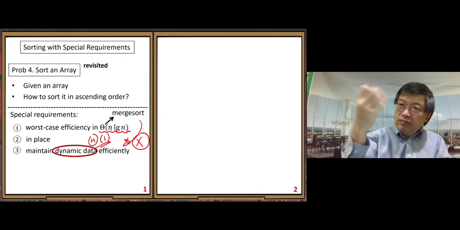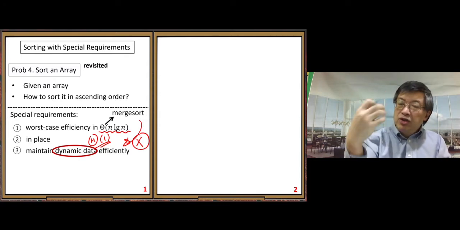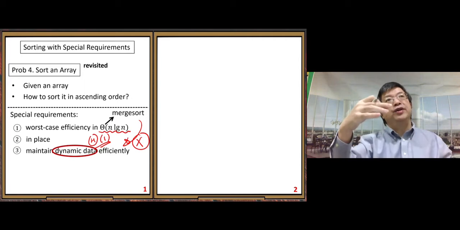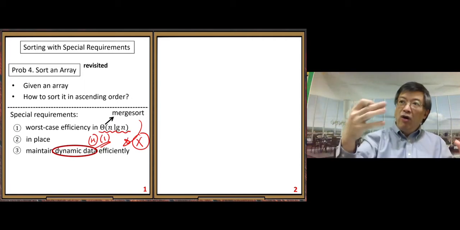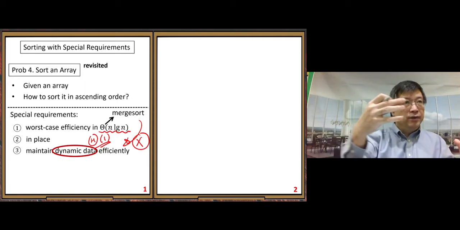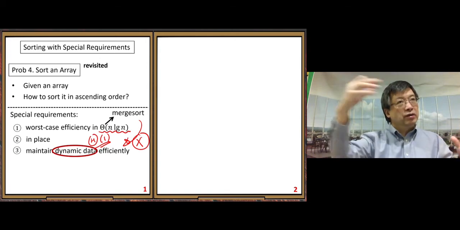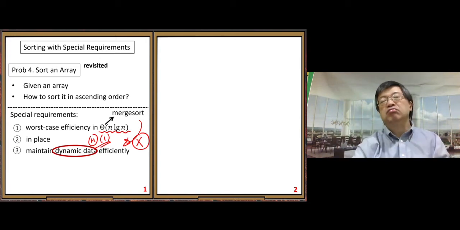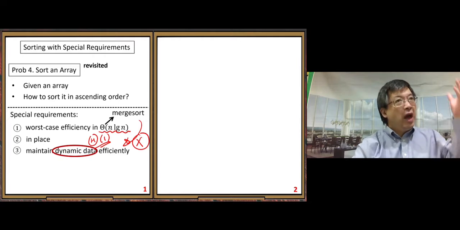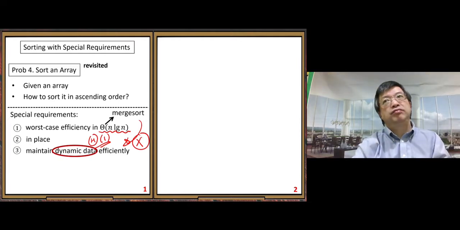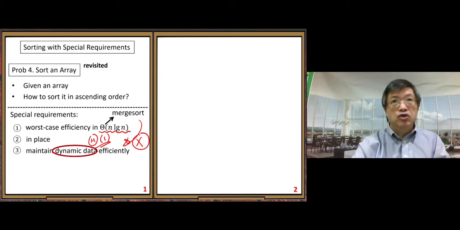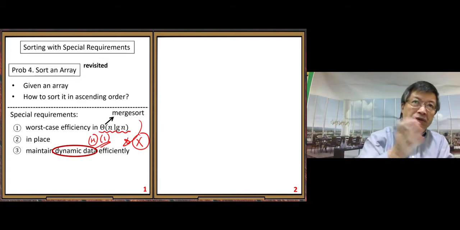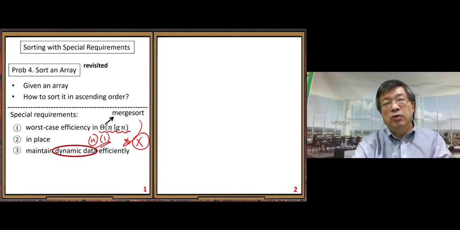When you get several elements of the data, you need to sort it. A few more elements come in, you need to sort it. For this kind of situation, how do you make your sorting algorithm very efficient? This is a very special requirement. The merge sort, the quick sort, all the sorting algorithms we have learned cannot handle this special requirement well.